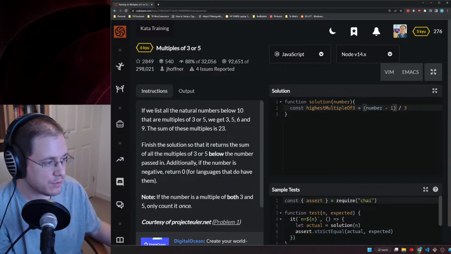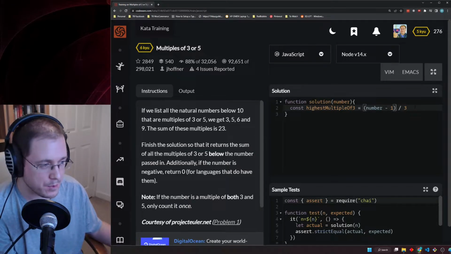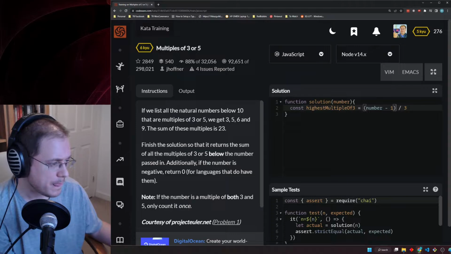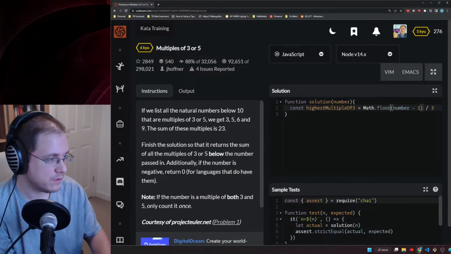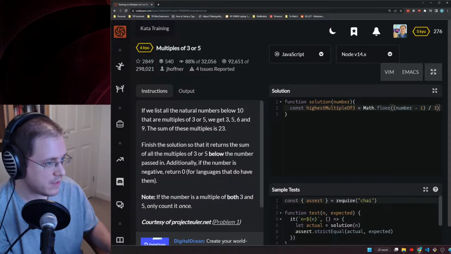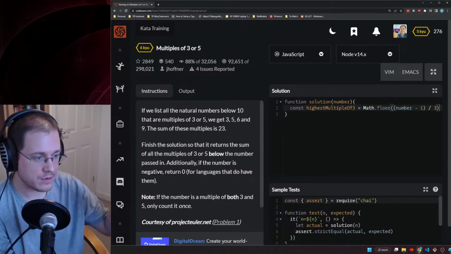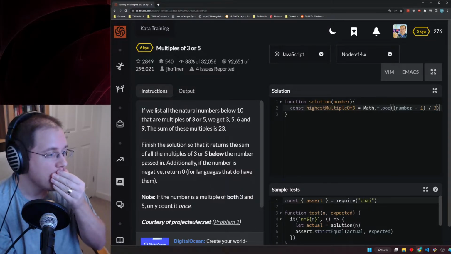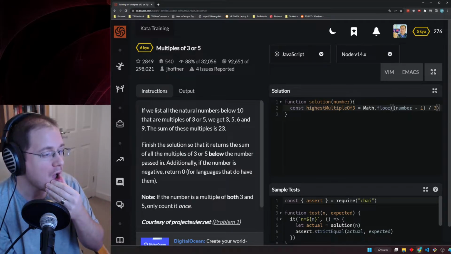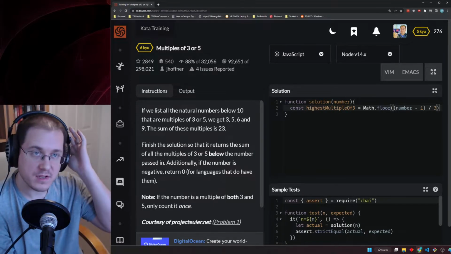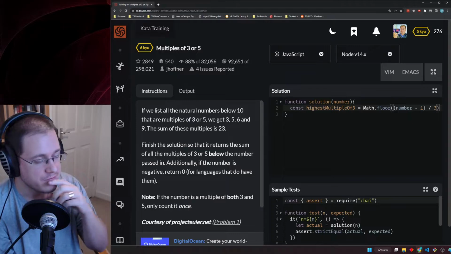So in that example, we would take 6 -1, 5 divided by 3 would be something like 1.666. Then we'd want to do math.floor to round that 1.66 down to just 1. So 1 would be the divisor, if that's not clear.